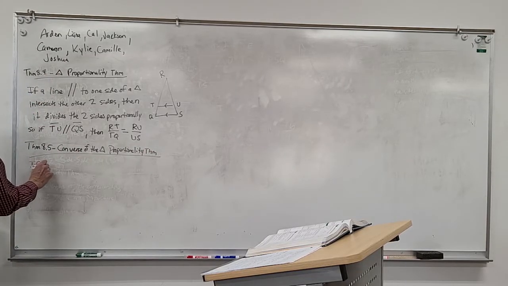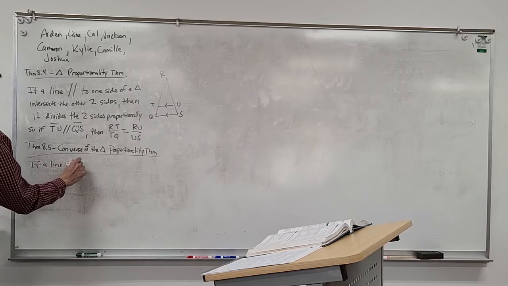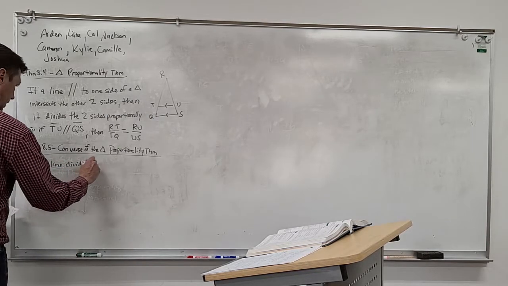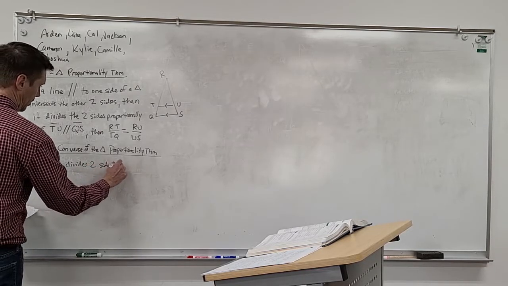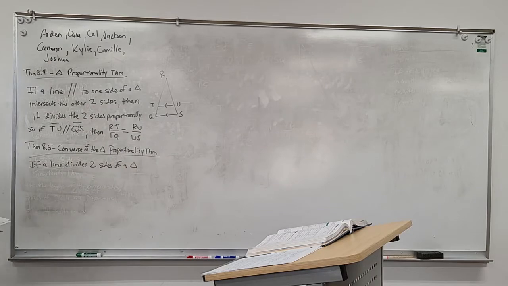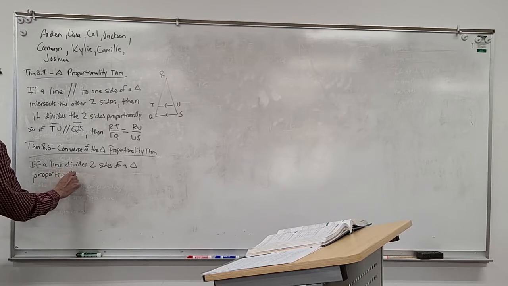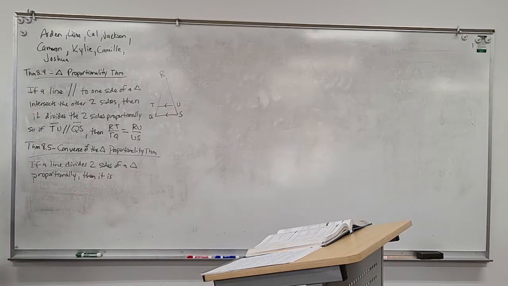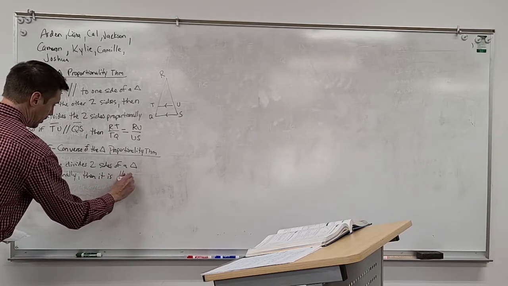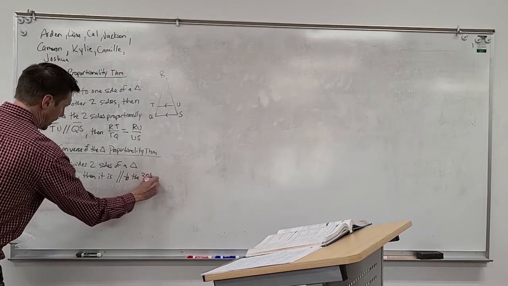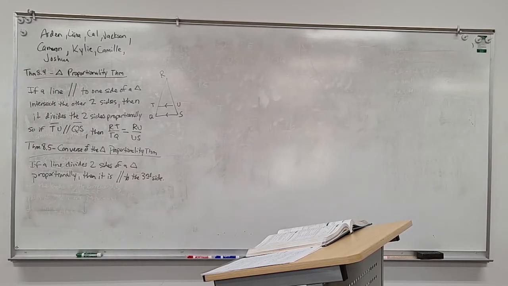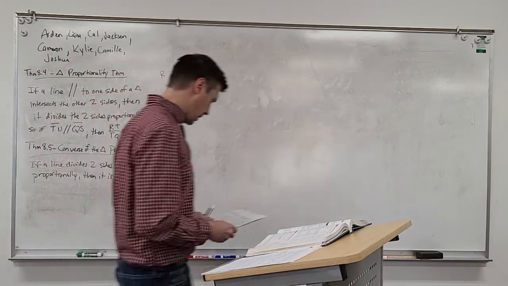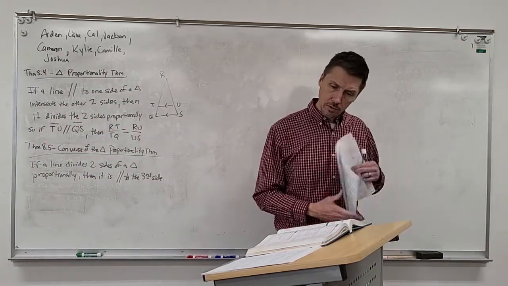If a line divides two sides of a triangle proportionally, then it is parallel to the third side. It's just a way to say the reverse of that, right? I'll let you finish writing that, and then we'll just walk through it real quick.